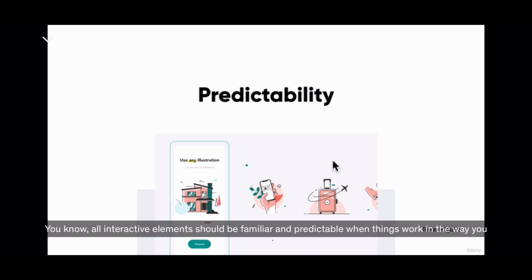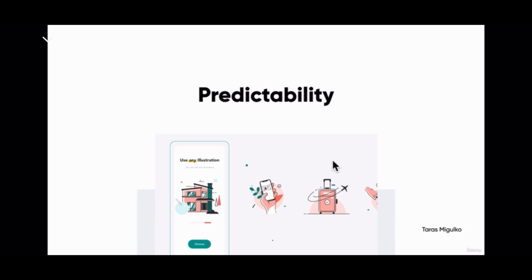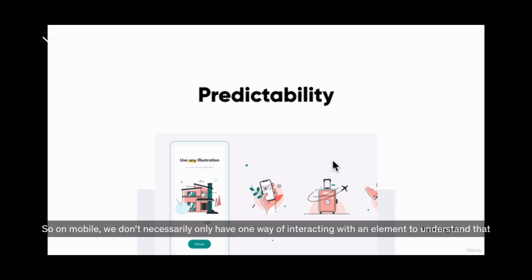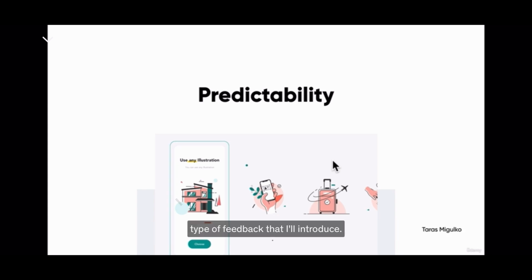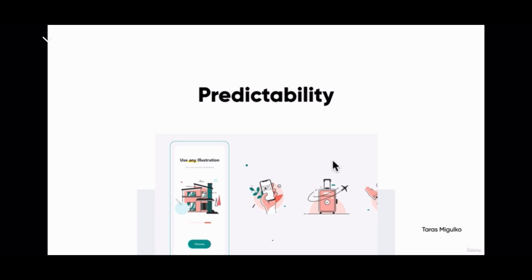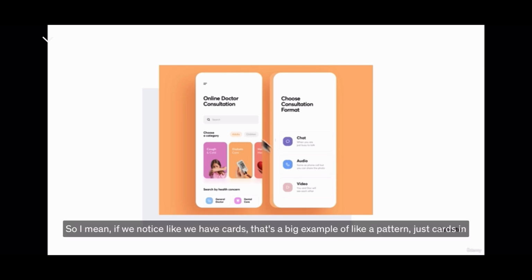All interactive elements should be familiar and predictable, so users sense that feeling of control. On mobile, we don't only have one way of interacting with an element or getting feedback. If we stick to similar patterns, our users will already understand how our system works.